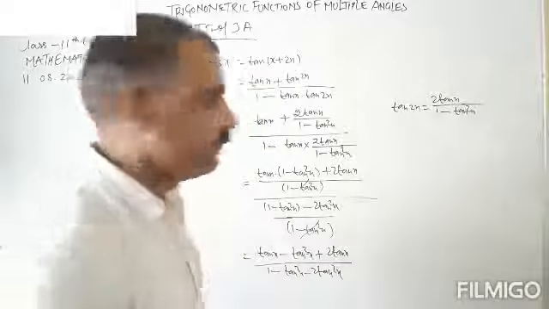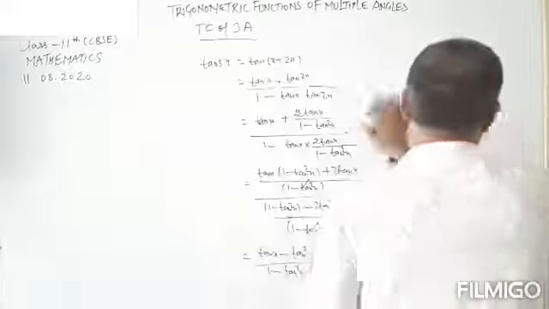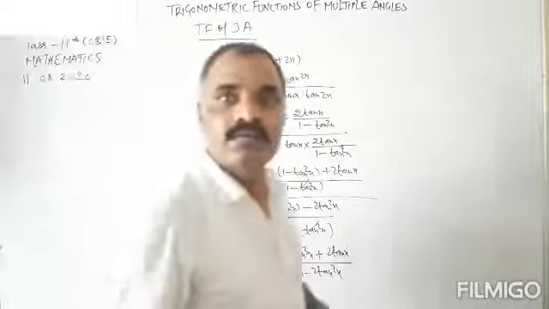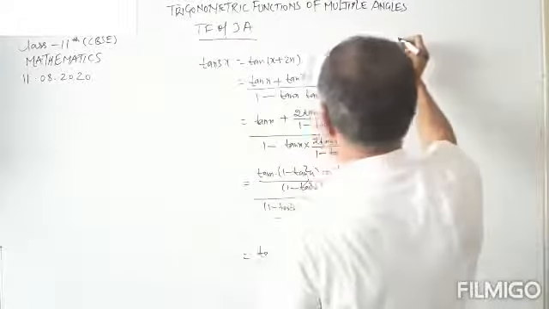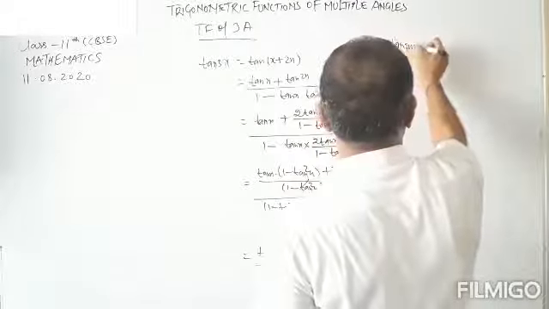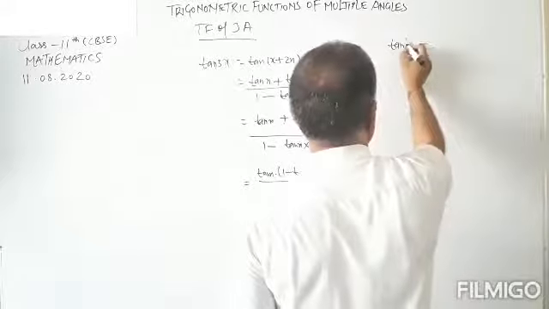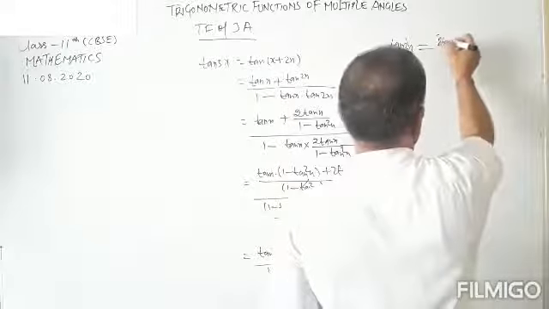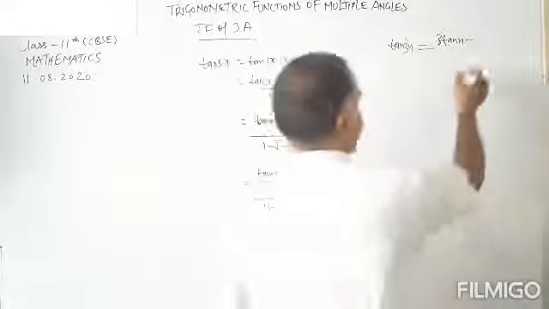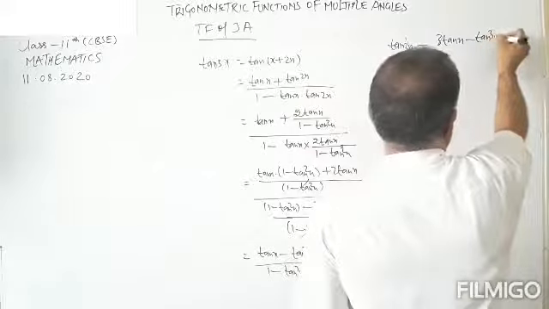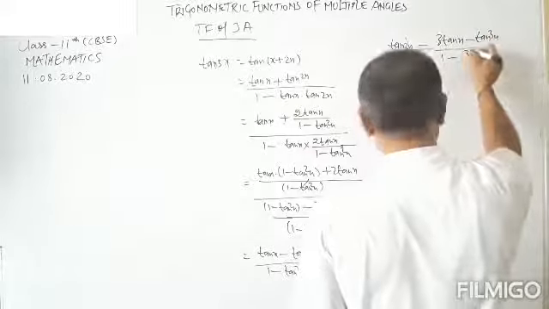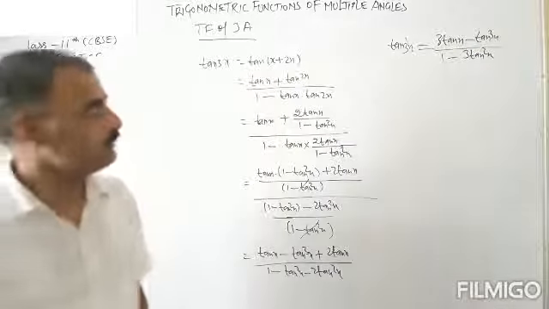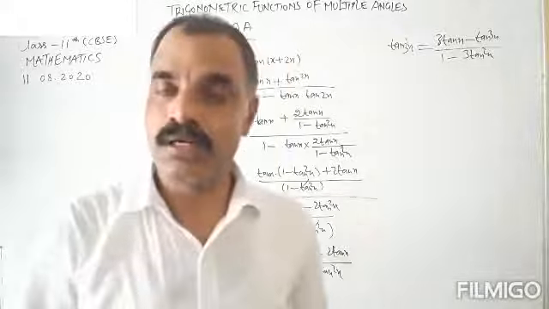Finally, after solving this, we will have tan 3x equal to 3 tan x minus tan cube x upon 1 minus 3 tan square x.